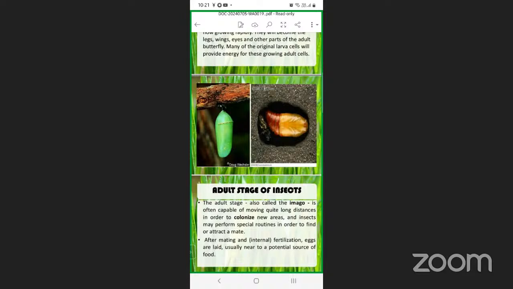The hormone also depends upon the behavior of the insect, and it plays an important role in ecdysis, whenever molting takes place in the body.